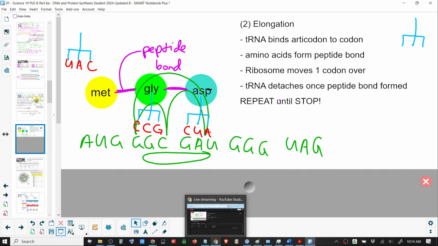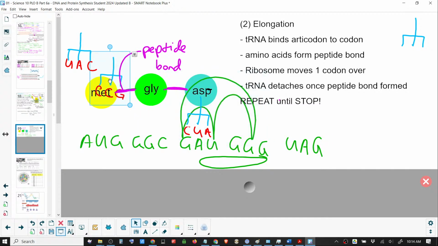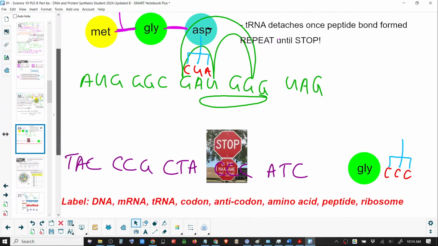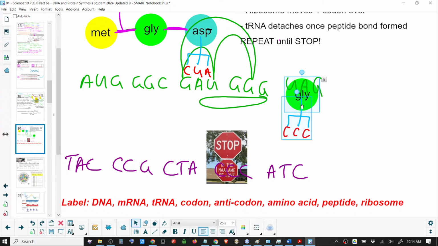You don't have to draw it because how can you animate a piece of paper? But you would then take it, it moves over, chunk, chunk, chunk, chunk. That goes away. New one comes in, GGG. We made one up because I was confused. So I believe GGG codes for glycine. Yeah, so that would come in. Boom.